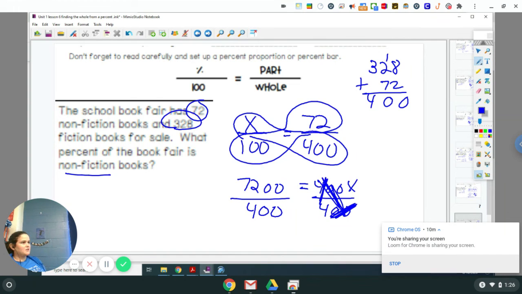And then you can actually cross off these two zeros. So all you're doing is dividing 4 into 72. And that will be 18. So 18% are nonfiction.